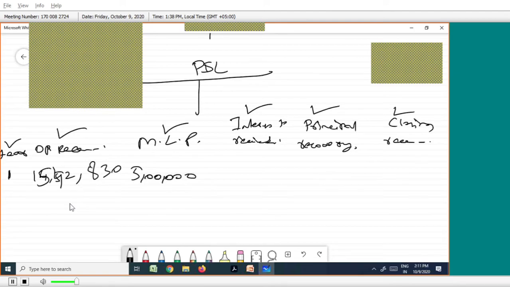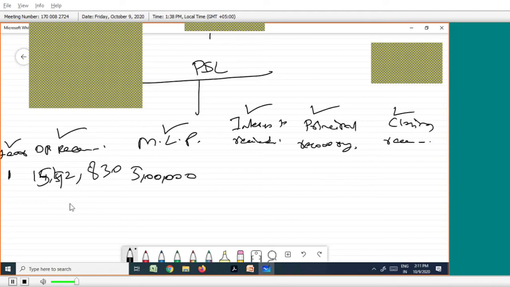So like this, third year I have to do it. Again, opening balance 9,64,479. Total MLP received is 5 lakh. 9,64,479 into 14.97 percentage is equal to how much? 1,44,383.